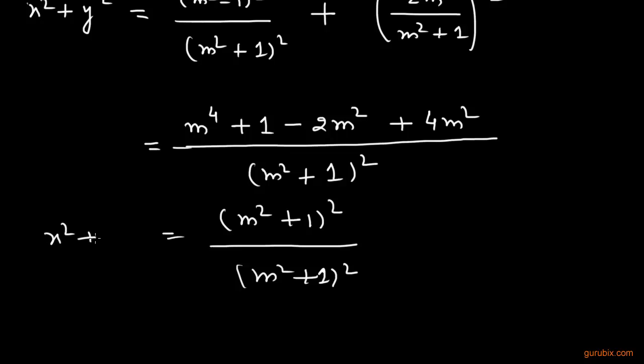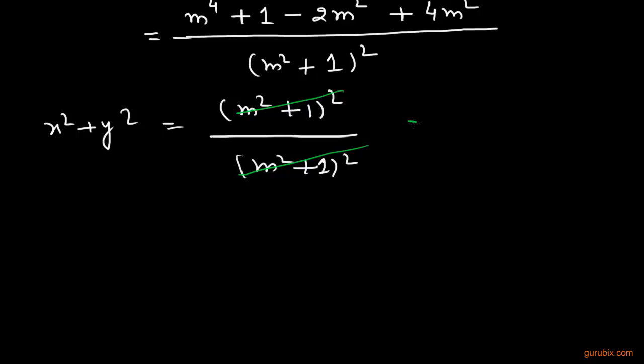Therefore x square plus y square is equal to this value, and we can cancel out numerator and denominator of this value. Then we get 1. Therefore we have proved that x square plus y square is equal to 1.